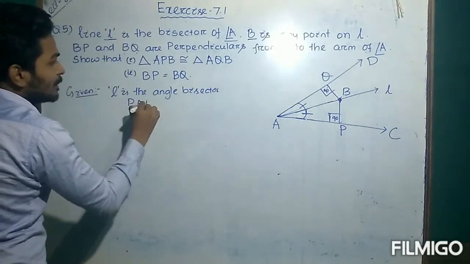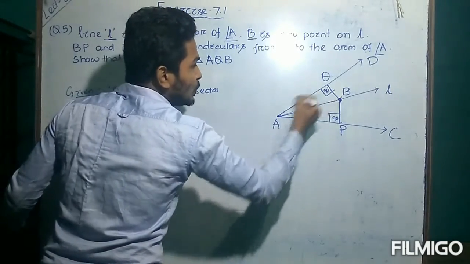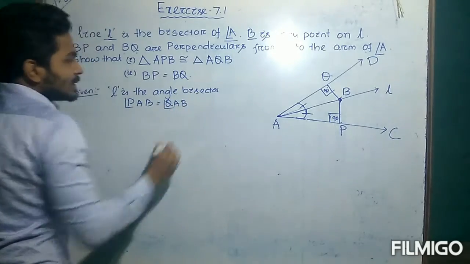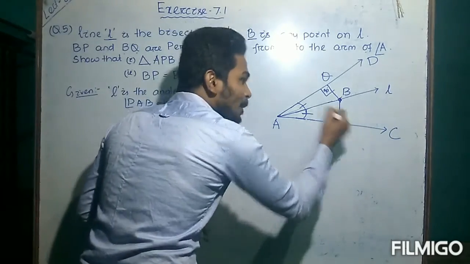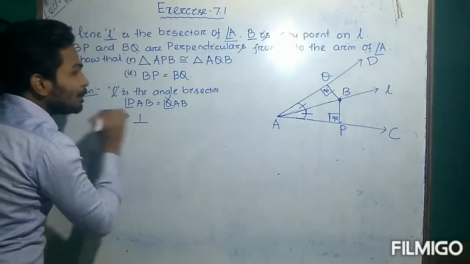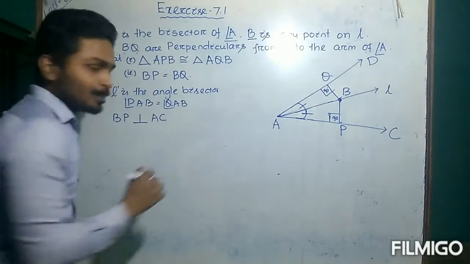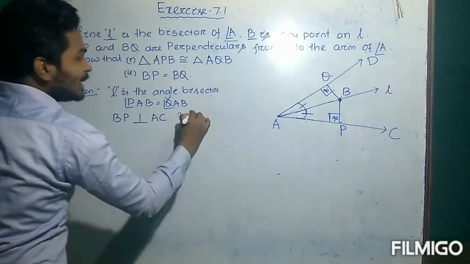So you can write angle PAB is equal to angle QAB. And it is given that BP is perpendicular to AC. Clear? And BQ is perpendicular to this arm AD.